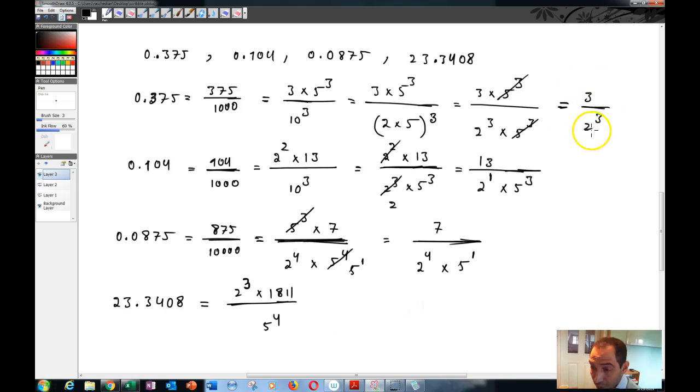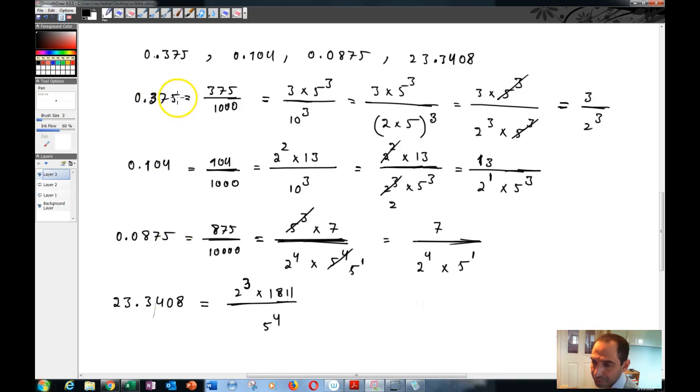They are co-prime numbers, because we have simplified them as much as possible. We cannot simplify them any further. So these are co-primes, and your denominator is not 0. And these are both basically integers. So what that means is that these are rational numbers. If these are rational numbers, so are these numbers.